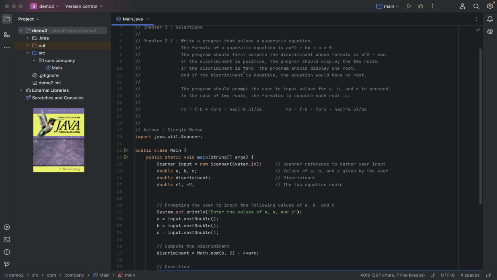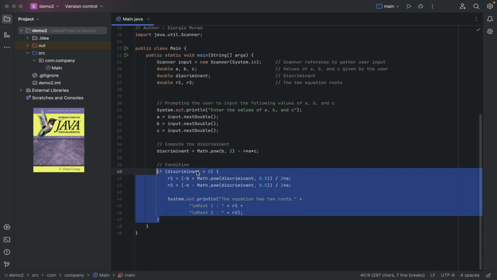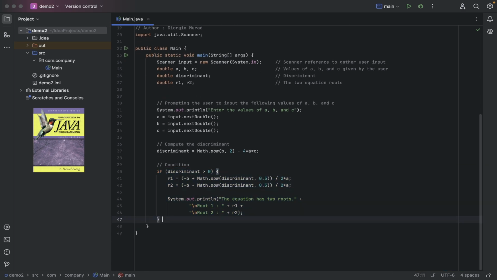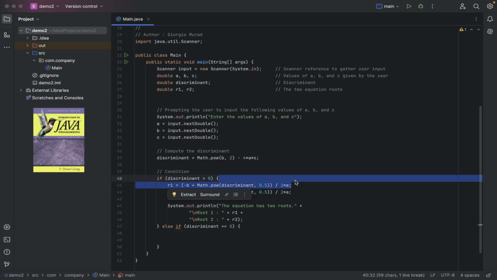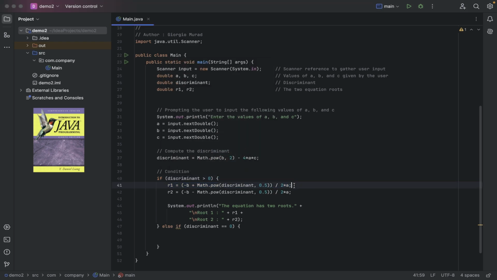Now, what if the discriminant is 0? So I'll put here else. Let's start a new line. Else if discriminant equal to 0, then I'll just need R1, since R1 is going to be equal to R2.